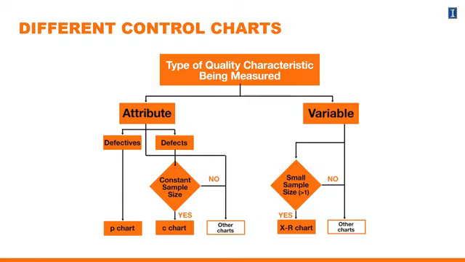So here what you're seeing is the XR chart. The X stands for mean and the R stands for range. So the XR chart, or the X bar R chart as it is known, is one that's looking at the mean and the range and using those to come up with the inherent capability of the process, and then to use it further for looking at whether the process is in statistical control.